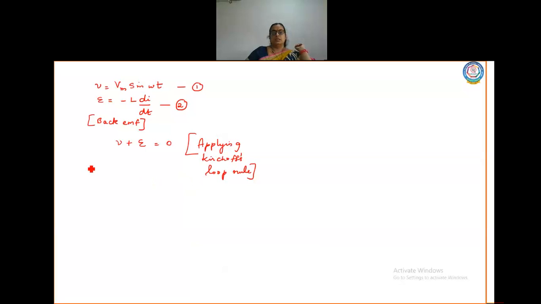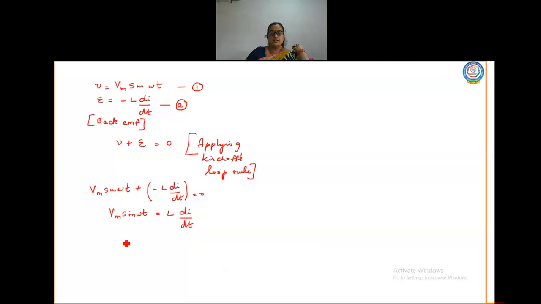Now I am going to substitute the value of V and epsilon from these equations. Instead of V, I substitute Vm sin omega t, plus for epsilon, minus L di by dt, equal to 0. When I take this to the right side, I have Vm sin omega t equal to L di by dt.